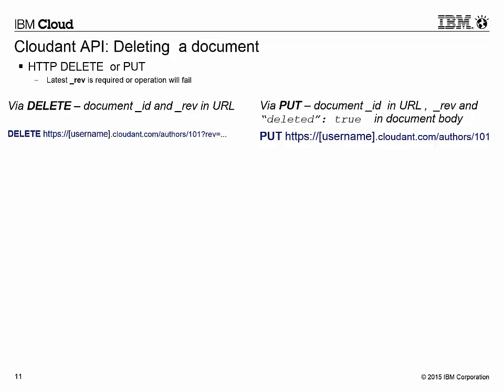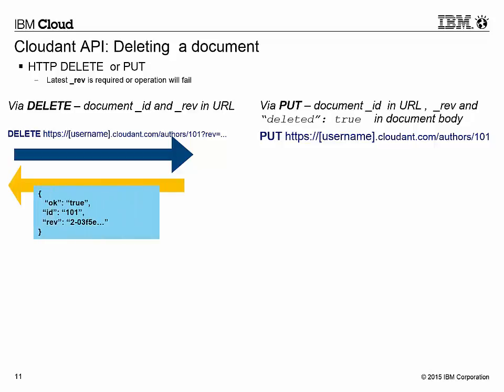In this case, both the document ID and the revision have to be in the URL. So I issue that HTTP delete request with the ID and revision number in the URL, and then I get back an acknowledgement saying that the delete was successful.